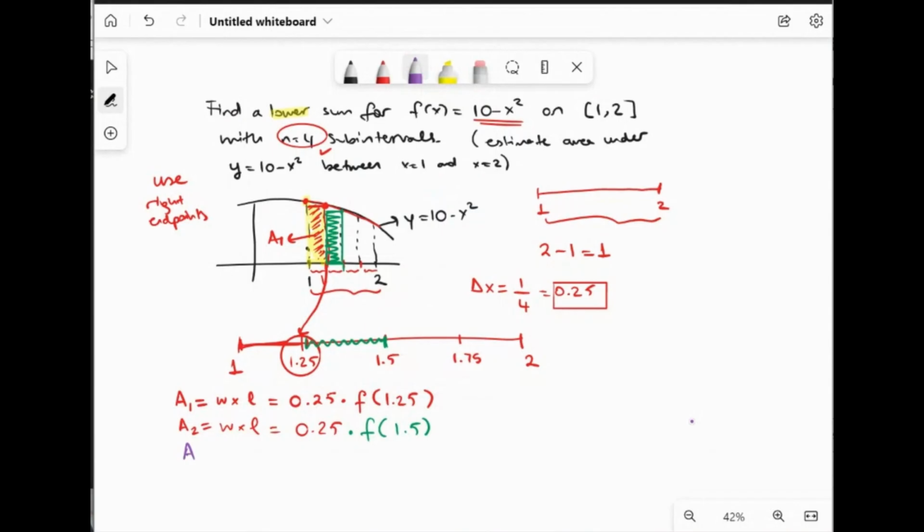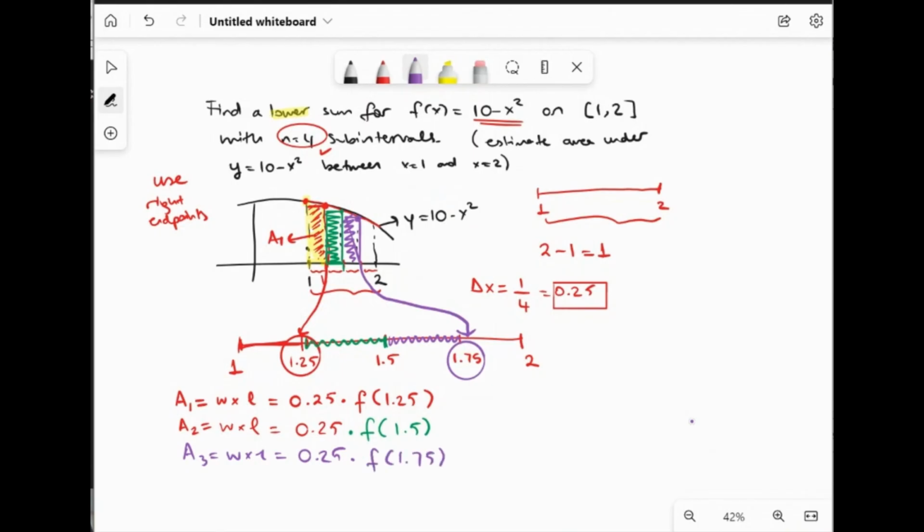So the third rectangle, again, the width times length. The width is constant, and this is the third interval, the third subrectangle. So the height will be determined by the right endpoint here, which is 1.75.